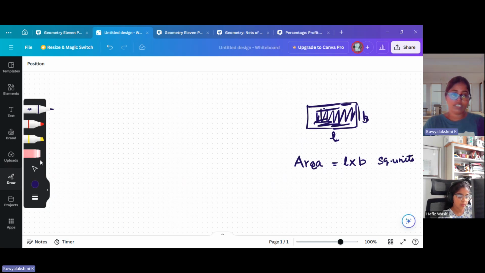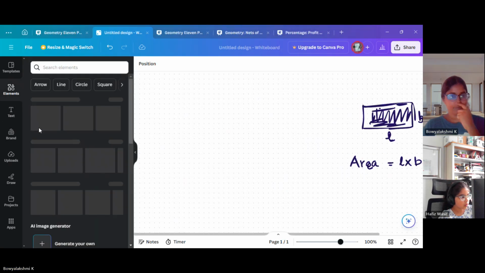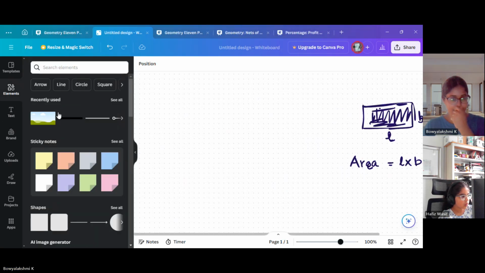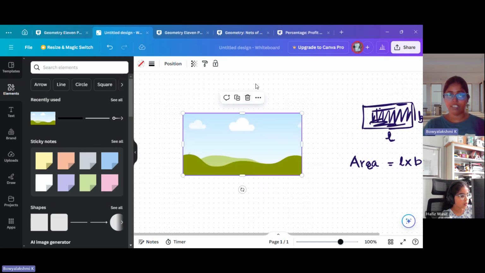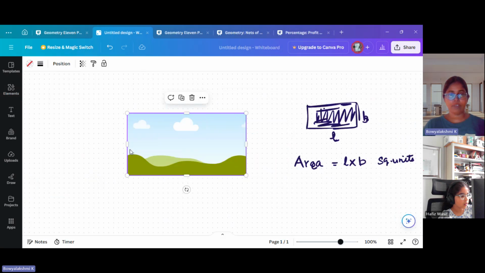For the same, maybe I can take some stuff. This is a rectangle, and I'm going to find the perimeter of this.